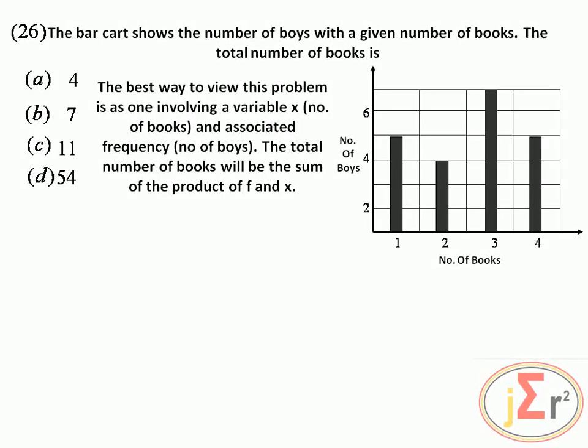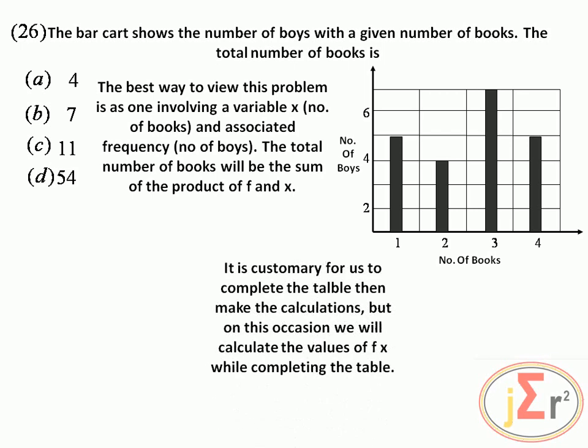The total number of books will be the sum of the product of f and x. So let us demonstrate that in a table.